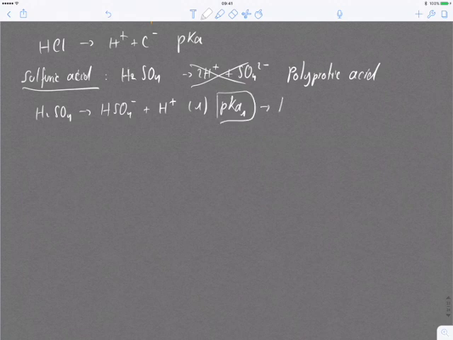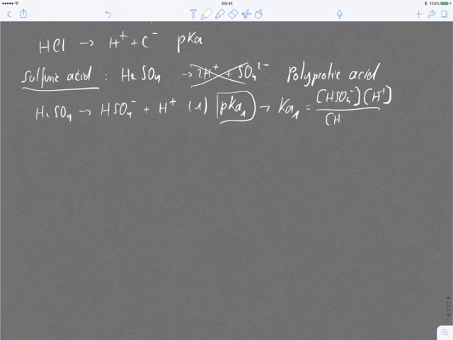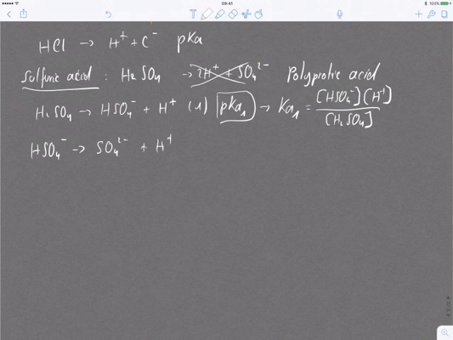That corresponds to Ka1, equal to the concentration of SO4, the concentration of H plus, divided by H2SO4. And then you will dissociate the HSO4 minus. That will give you SO4 2 minus plus another proton. That will give you the second equation with a second pK.